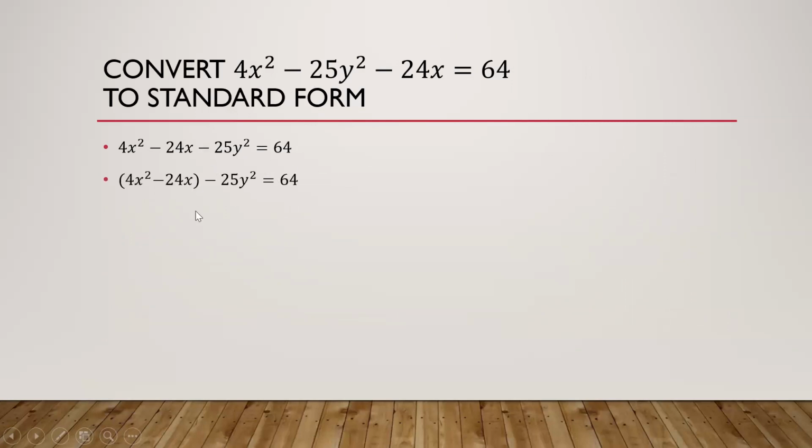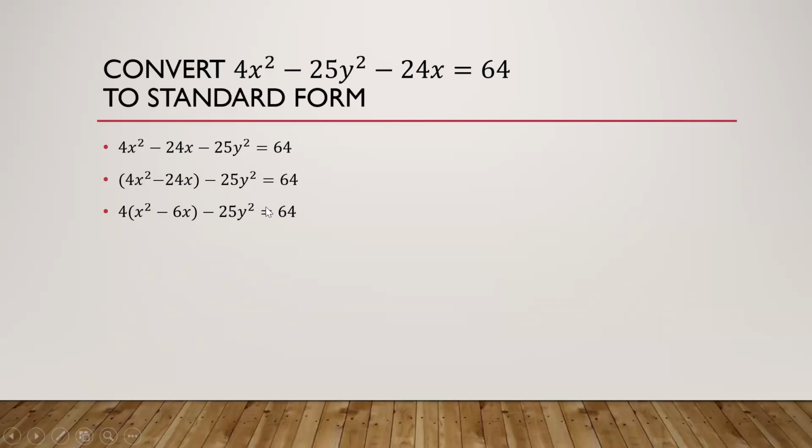We put a parenthesis to help us visualize the separation, and it will help us later on when we complete the square. Before completing the square, we will again factor out the coefficient of x squared, which is 4. So 4 divided by 4, that's 1. -24 divided by 4 is -6.